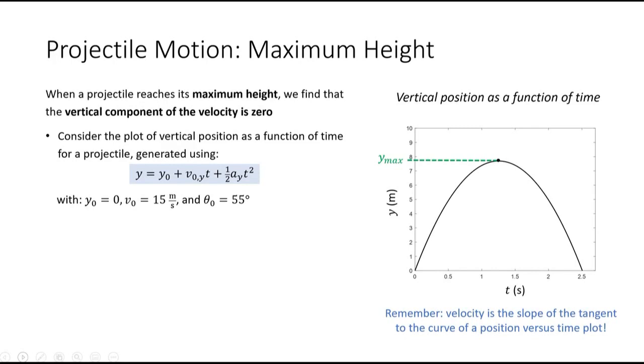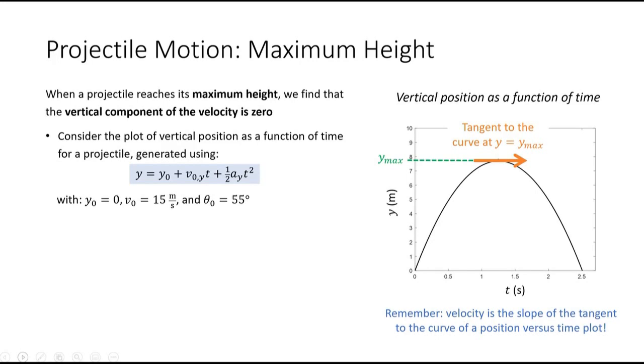Here specifically, we're thinking about the instantaneous speed right at the peak, and this is a plot of the y position versus time. So the slope of the tangent to the curve right at that point is going to tell us about the vertical component of the velocity at the peak in this projectile's trajectory. I've drawn in the tangent to the curve at that point, and you can see that it's a horizontal line, right?